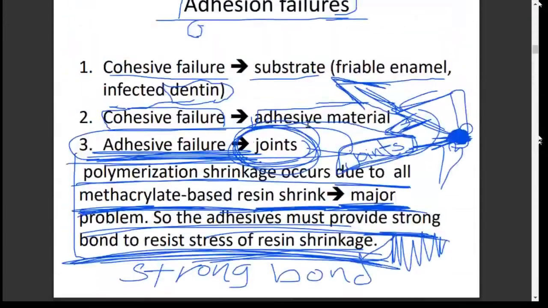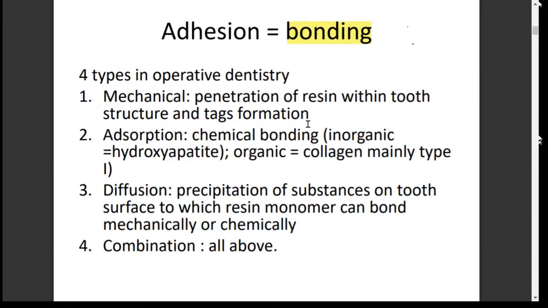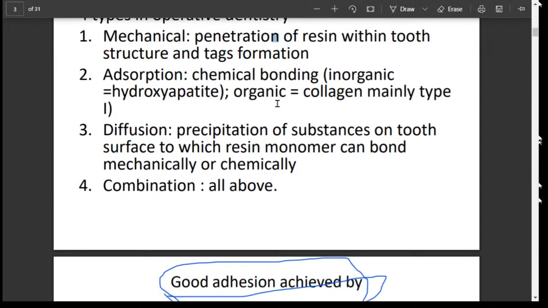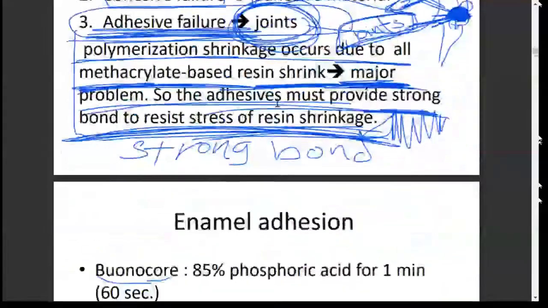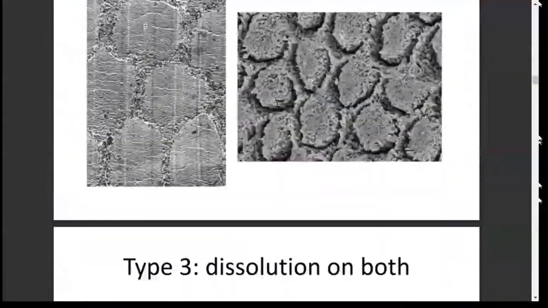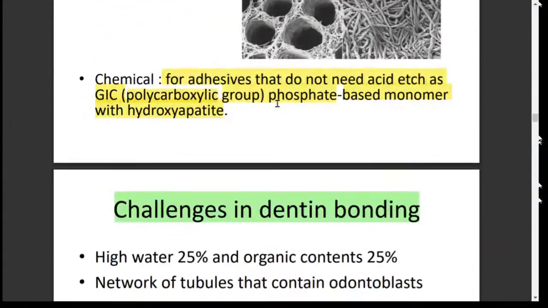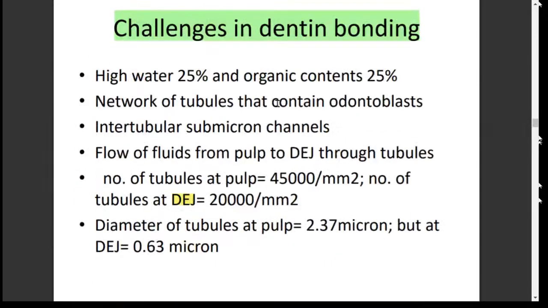This is the type of adsorption, the chemical bonding, here with inorganic hydroxyapatite, and the glass ionomer cement, GIC, polycarboxylic group.